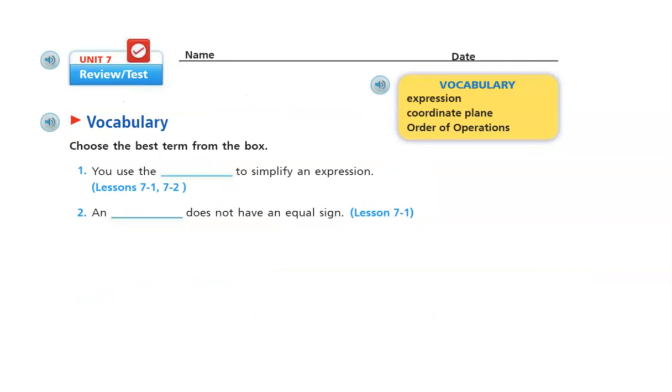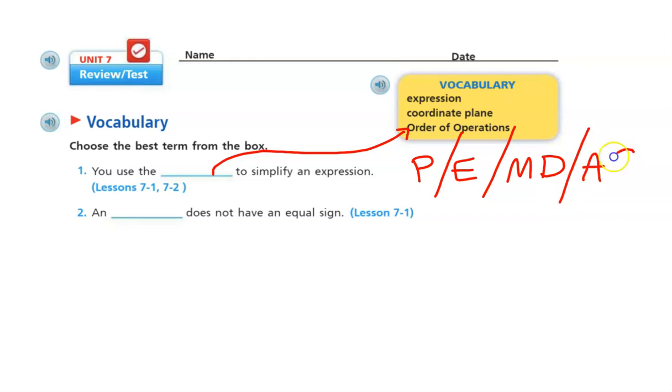The first two questions are always about vocab. So it says you use the blank to simplify an expression. What are we using there to simplify an expression or get it down to its lowest number? That would be the order of operations. Just a quick reminder for you, they look a little like this. You've got to do your parentheses first. Next you would do exponents.